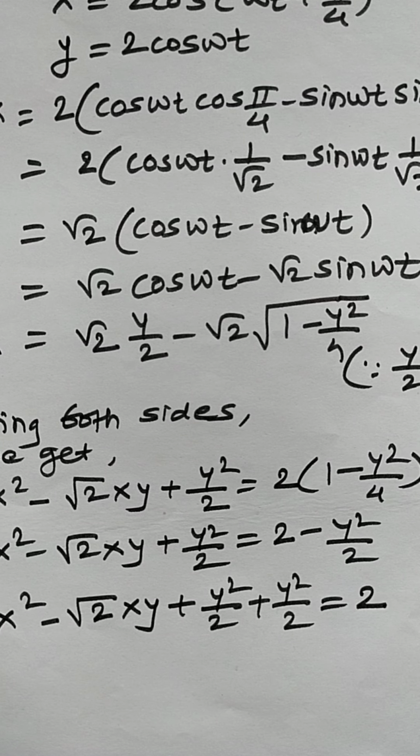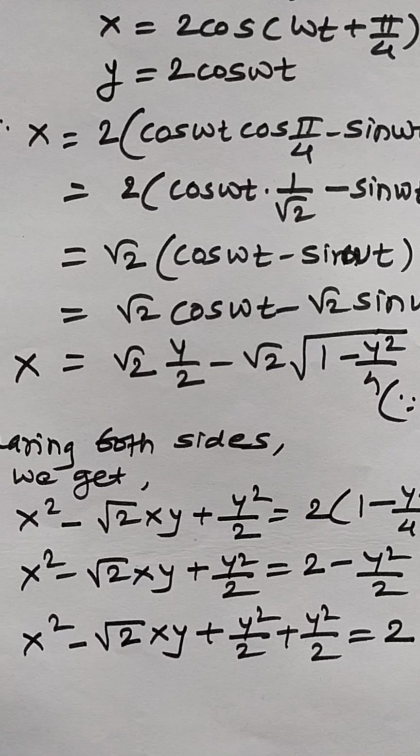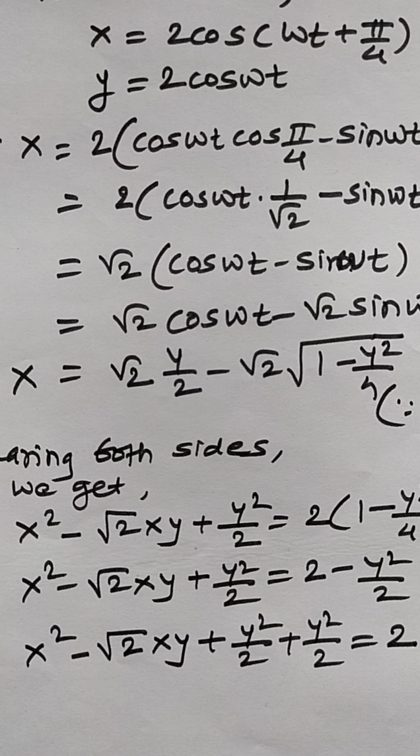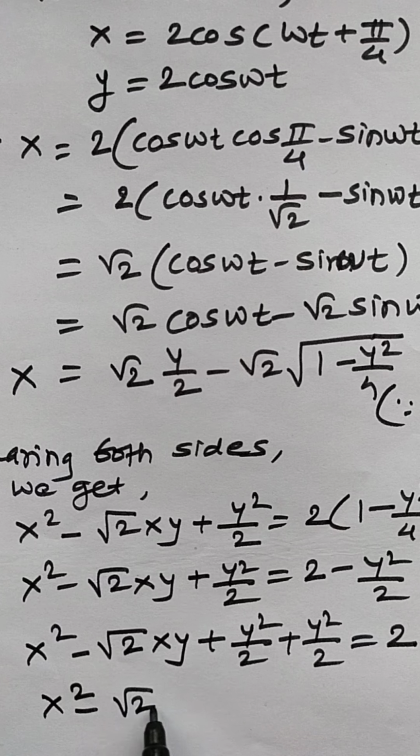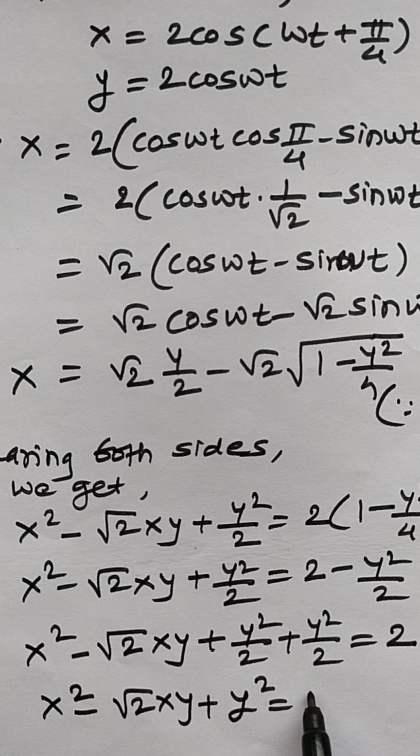So therefore x square minus root 2xy plus y square is equal to 2.